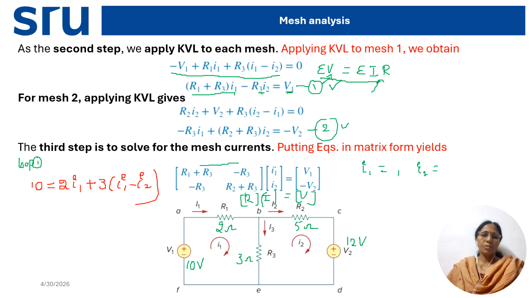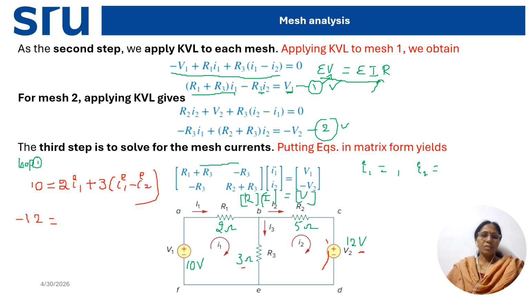In loop 2, which one is the voltage source? This is the voltage source, 12 is the voltage source. In our direction we are crossing plus to minus, that's why the polarity here is minus 12. Remember, the voltage drops across the resistors are all positive.